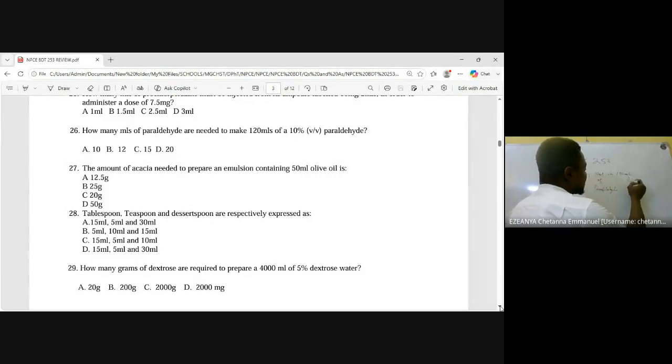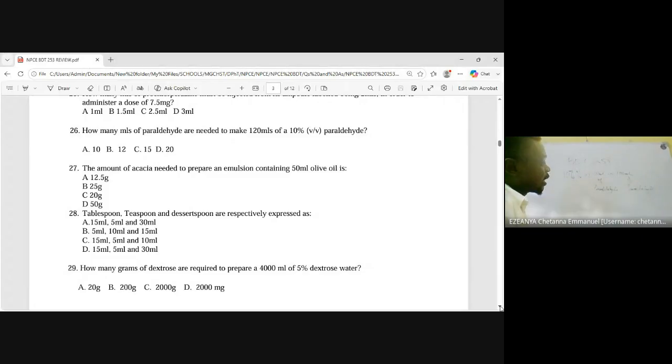All right, let me explain. This is a very important thing you need to understand. As I told you when I was with you physically, volume in volume talks about the volume of a drug, the active ingredient, in the entire product.